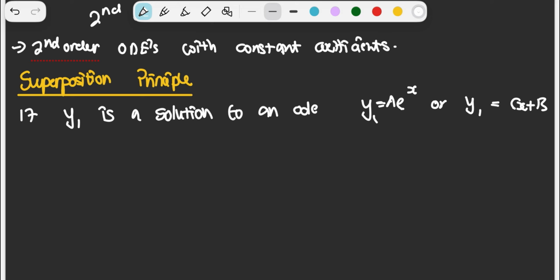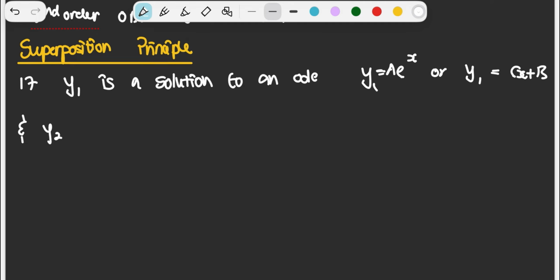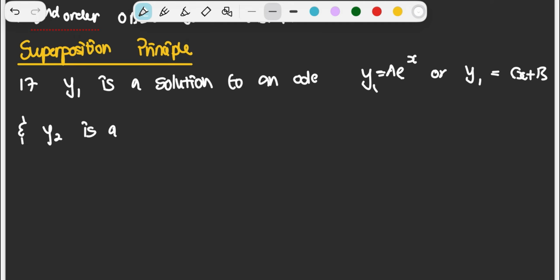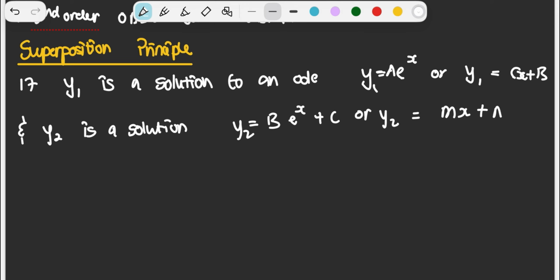I don't care what y1 is if it's a solution, and y2 is a solution. So y2 might be b e to the power of x plus c, or it can be maybe mx plus n or something like that.